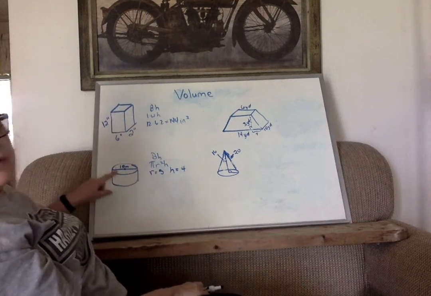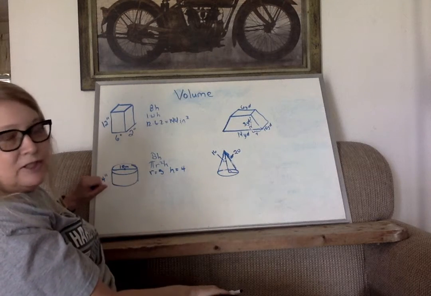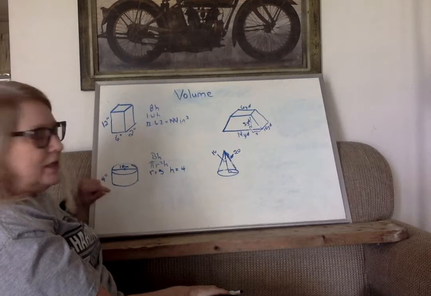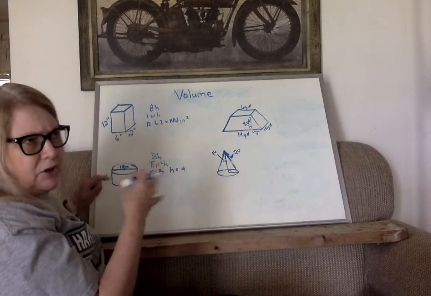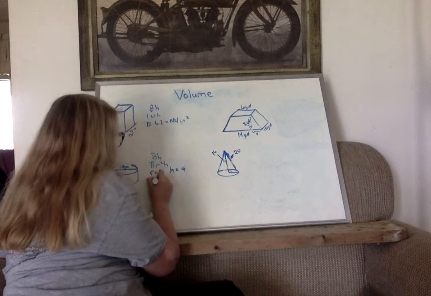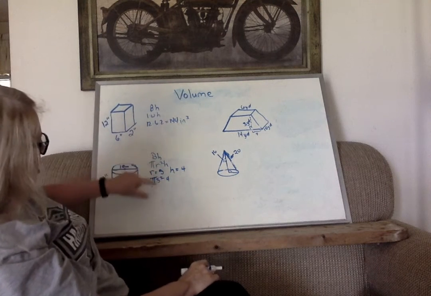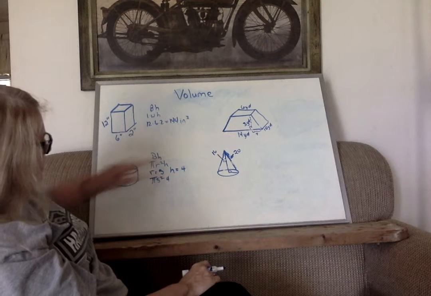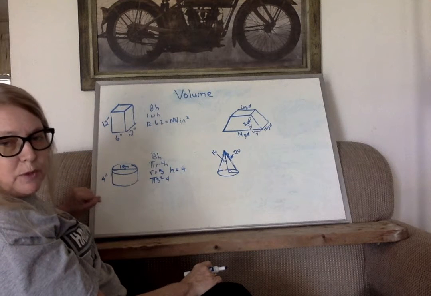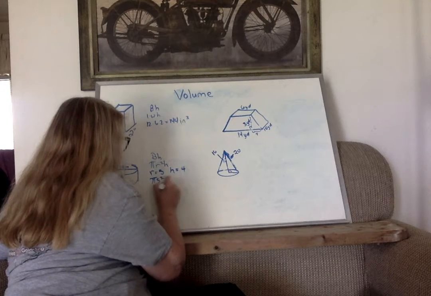Now this was the one that was mislabeled. It had meters and inches. We'll just assume it's inches, or we could just label it units because inches don't go into meters very well. So pi 5 squared times 4, 5 for the r, 4 for the height. 5 squared is 25. 25 times 4 equals 100 pi.